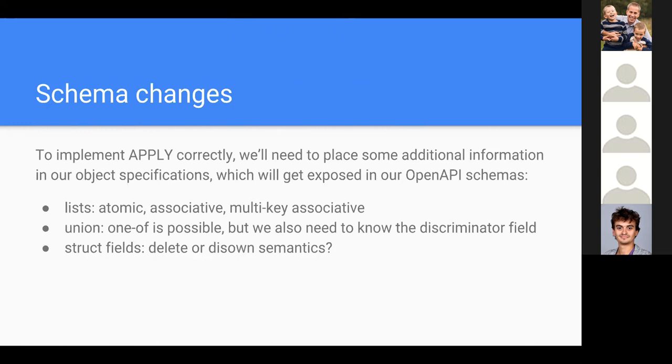If we add a new alternative to the union, then the client can't even necessarily know that it would need to clear that particular part of the union. So the current way we deal with this is, in my opinion, completely broken. The two canonical examples I use are the deployment rollout strategy, where for rolling update there is an alternative for the union that is populated by default.